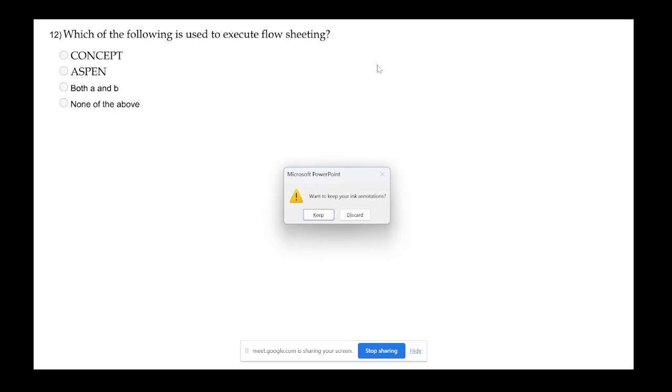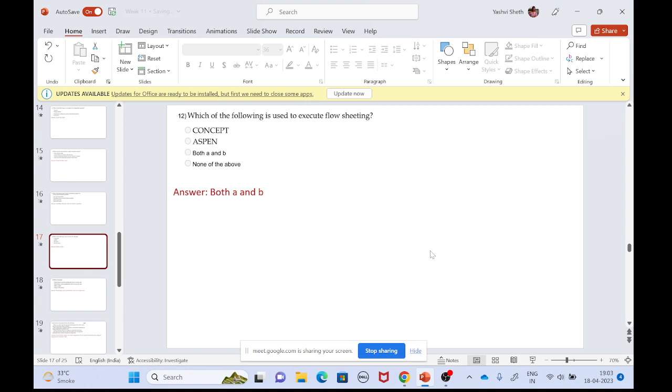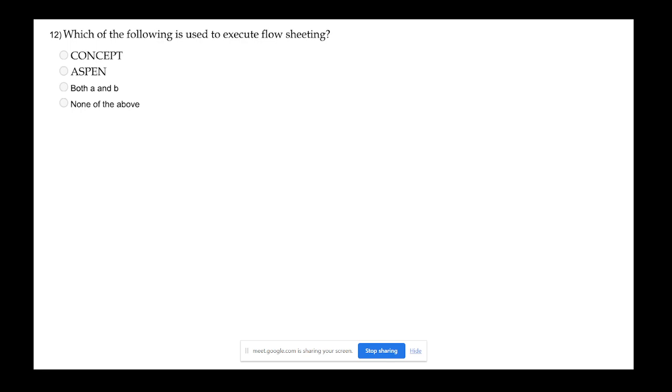Next question given to you is, which of the following is used for executing flow sheeting, or the tool by which you execute a flow sheet? You were given a table in the lectures taught by the professor, with the list of all the programs or tools by which you execute or solve a flow sheet.